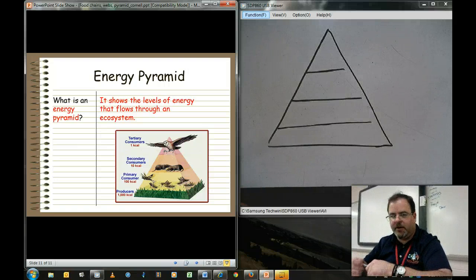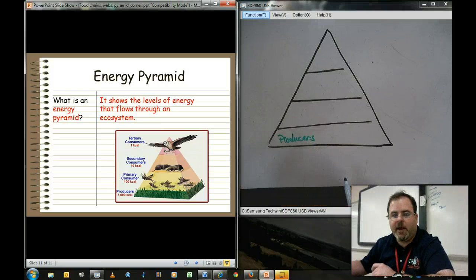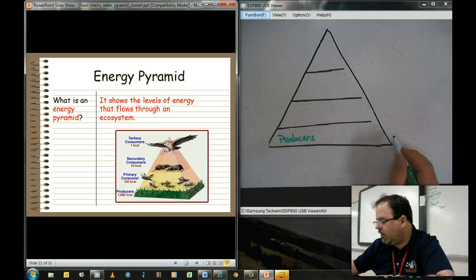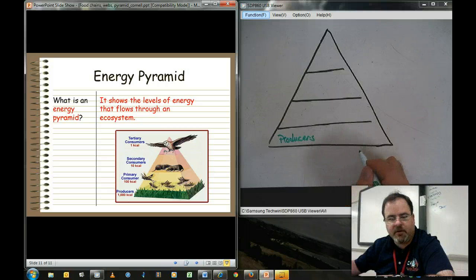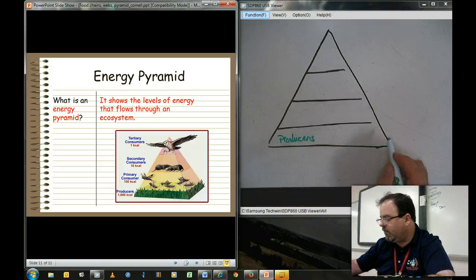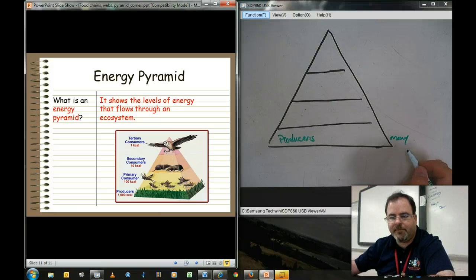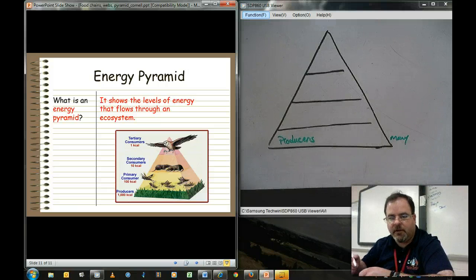So down here at the bottom, you have producers, and this is your plants and grasses and things like that. The reason why the base is so wide is that you have many of them here.